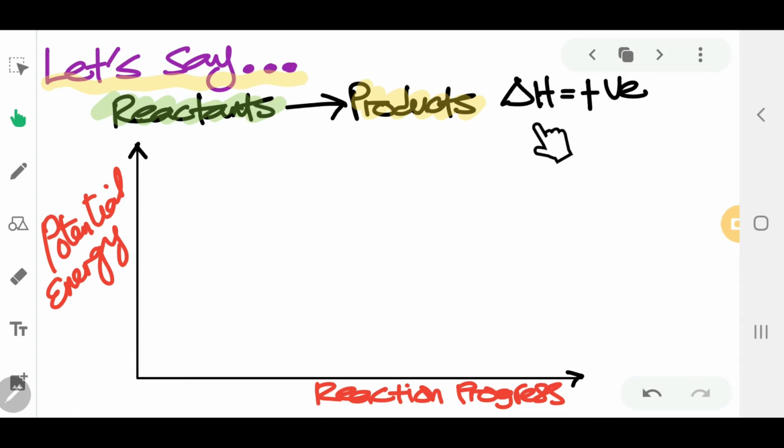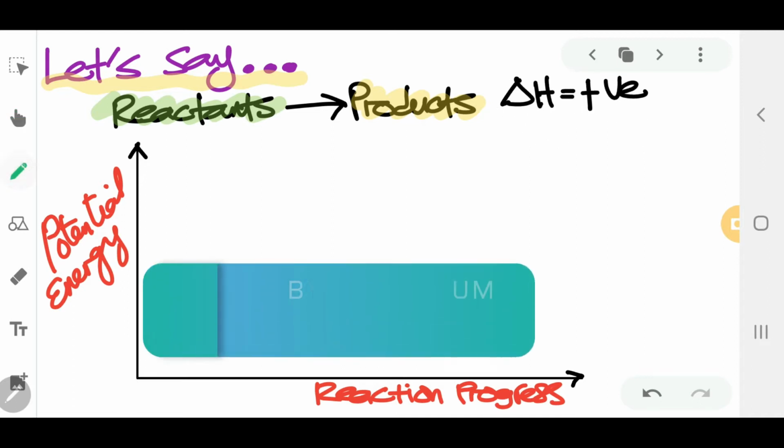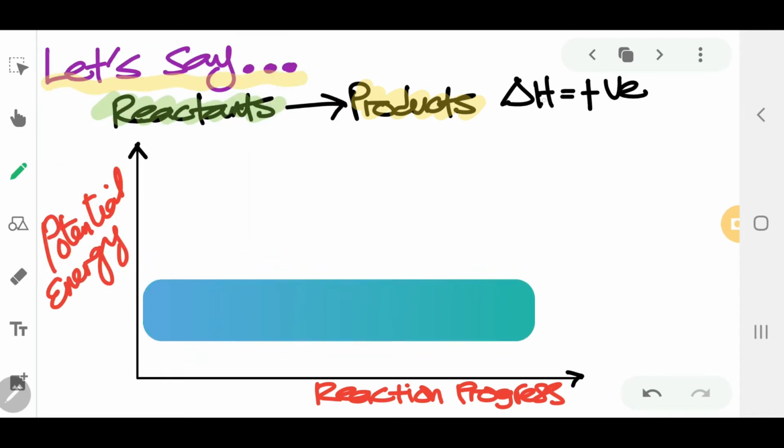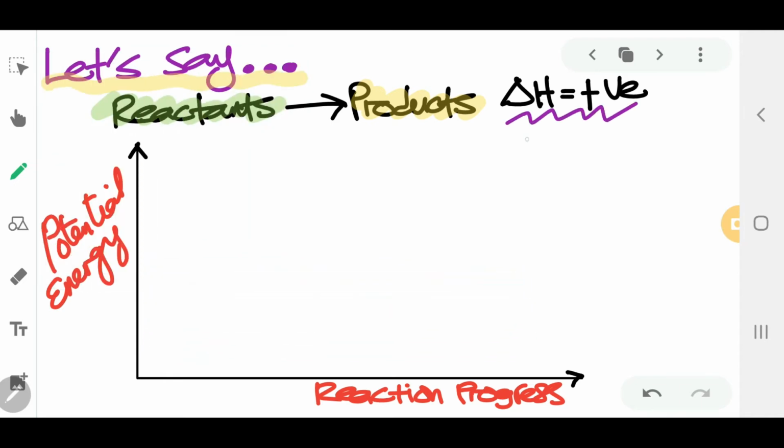When you look at the value delta H equals positive, then we know that is an endothermic reaction. So how do we sketch the energy profile diagram?